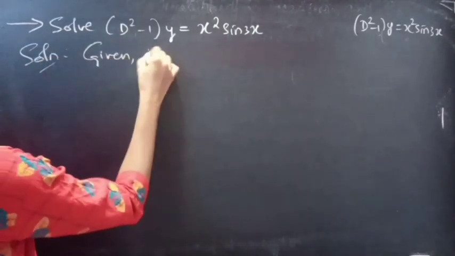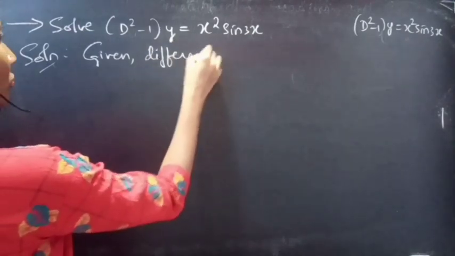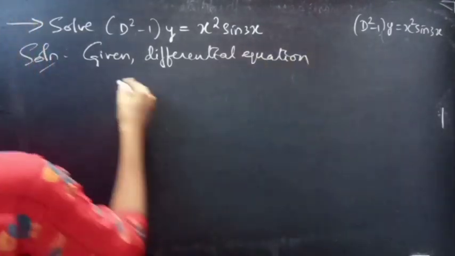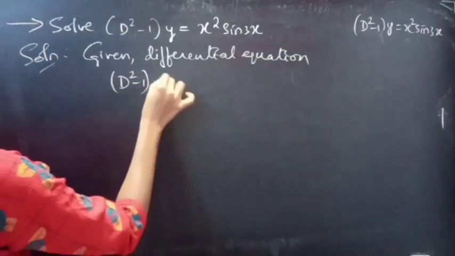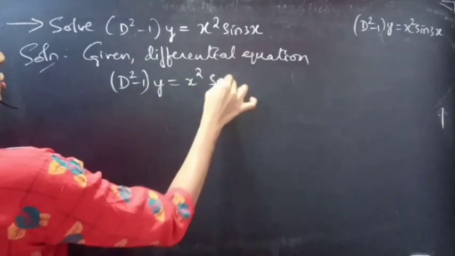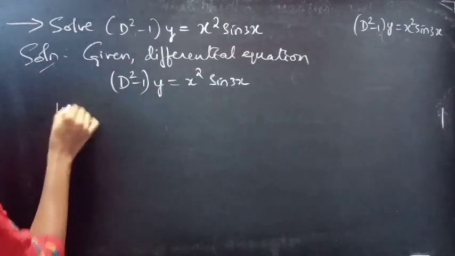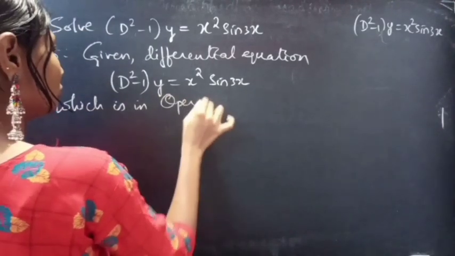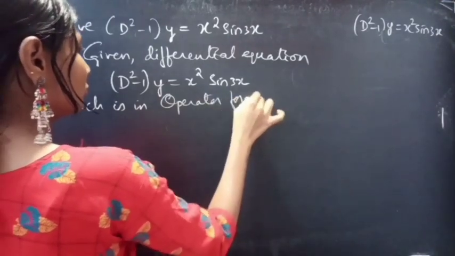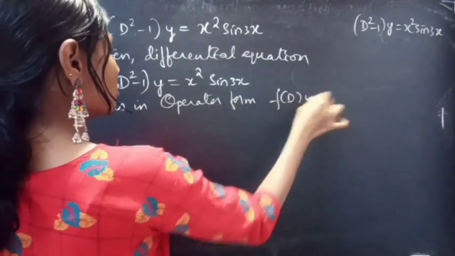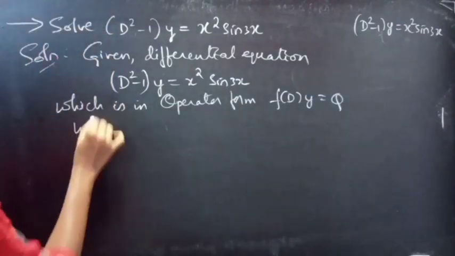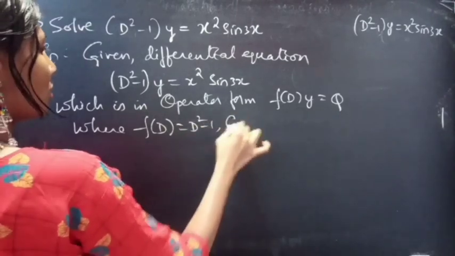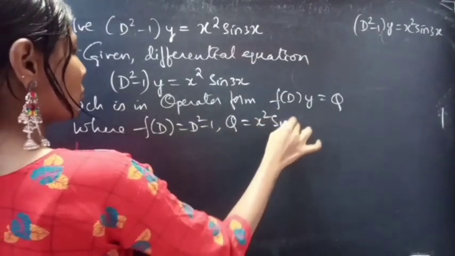Now coming to the problem. Given differential equation, (D square minus 1) y equals x square sin 3x, which is in operator form F(D) y equals Q, where F(D) equals D square minus 1 and Q equals x square sin 3x.